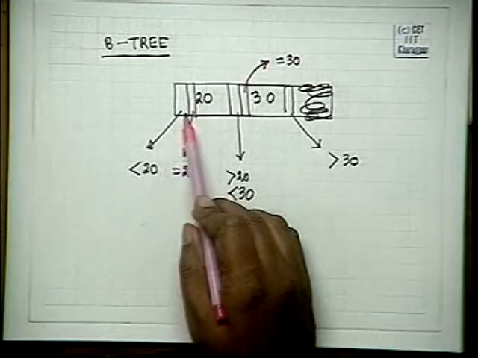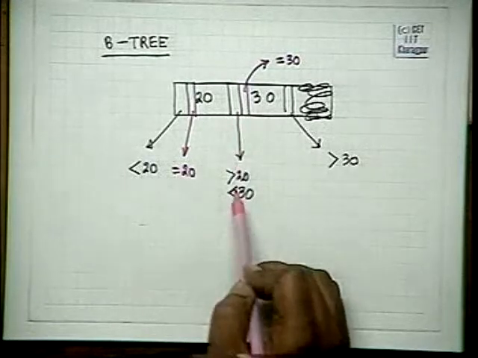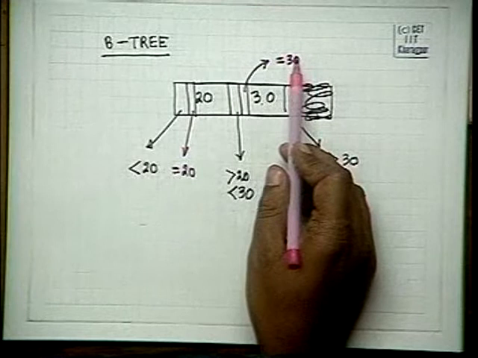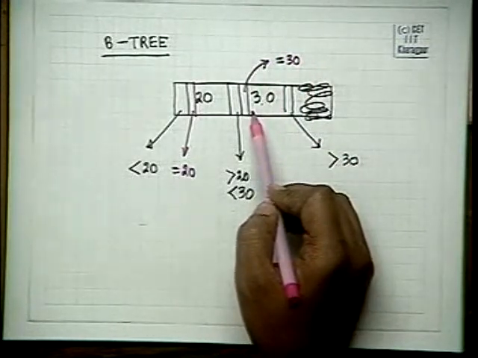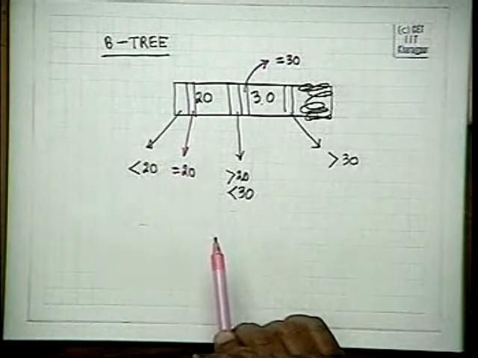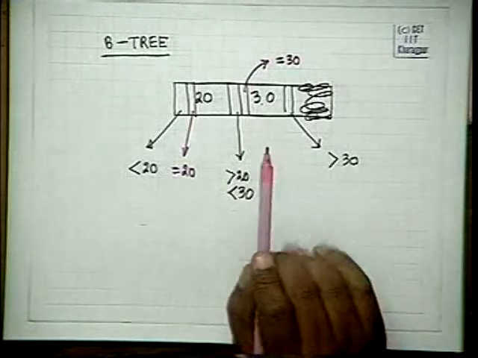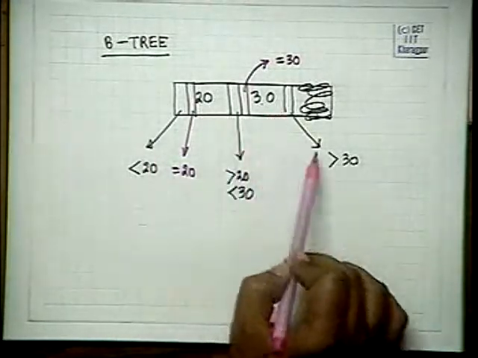If it is not equal, less than this side, greater than and less than this side. If it is equal to 30, you have a direct block pointer. Therefore, all the nodes will not be stored only at the leaves in a B tree, they will be stored at various places. Only those which are not equal to these values will be stored down the search tree.